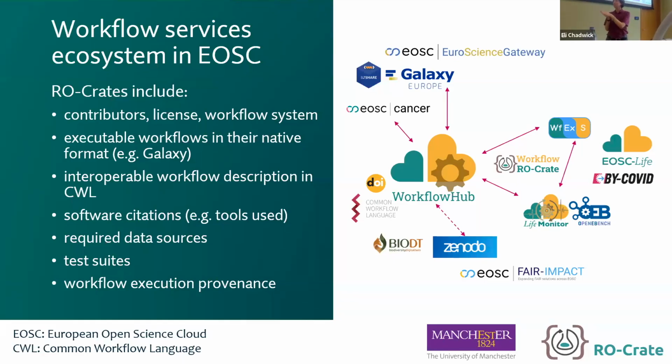Those RO-Crates include things like the contributors, the license, the workflow system that they're based on. They contain the executable workflows in their native format, but also sometimes interoperable workflow descriptions using the Common Workflow Language. They can include software citations, like specific tools that appear in a workflow, the required data sources, test suites, and that workflow execution provenance.